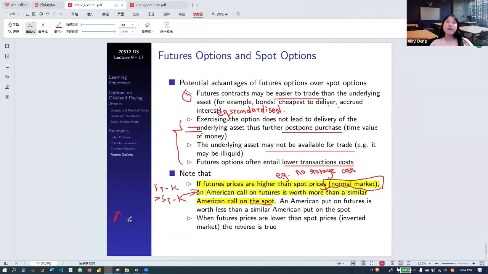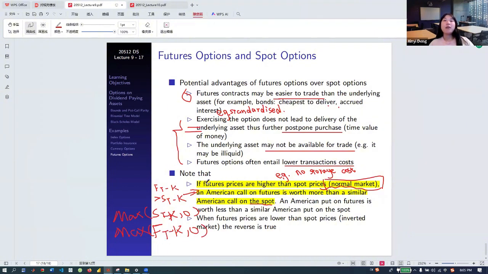Recall that for a regular option, like the spot option, the payoff would be the maximum of ST minus K or 0, right? On the other hand, the payoff for the futures option is the maximum of FT minus K or 0.